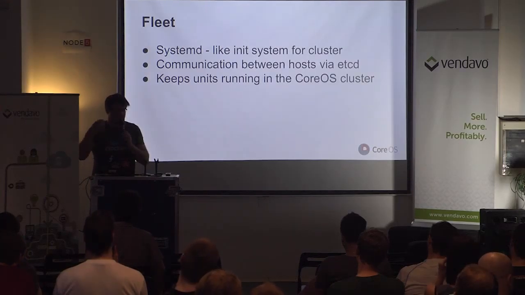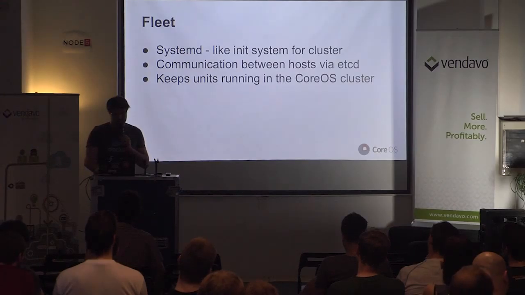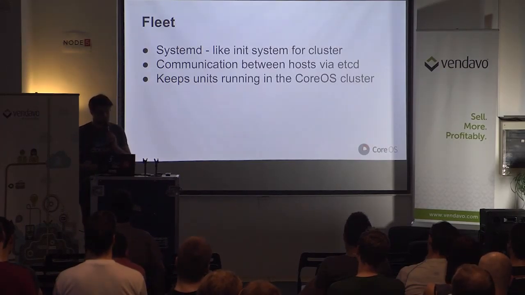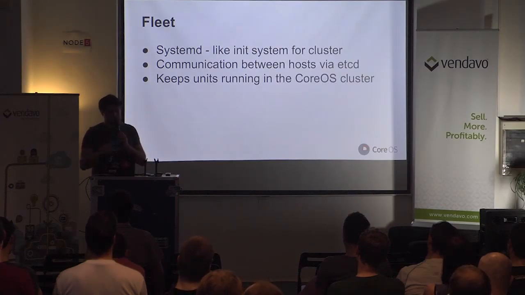It supports everything that systemd has, and it has something more. So you can define, I want to run a unit, which is some Docker container or anything. It doesn't have to be a Docker container, and I want it to run in my cluster. And it will run it in the cluster on any host that it chooses, by some rules defined.